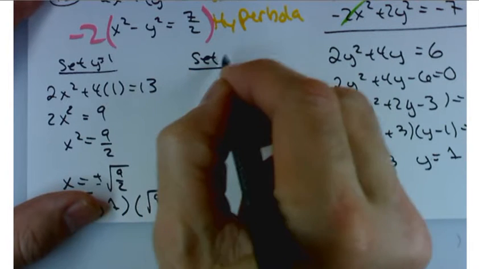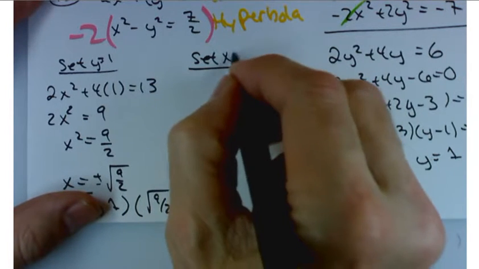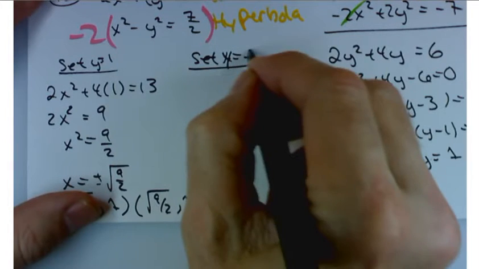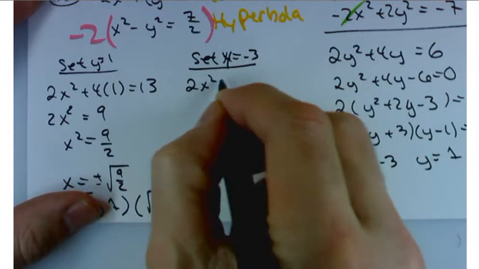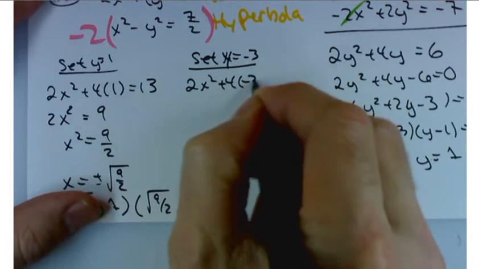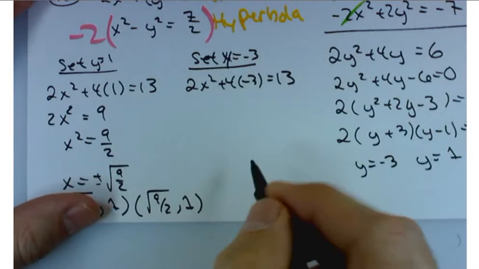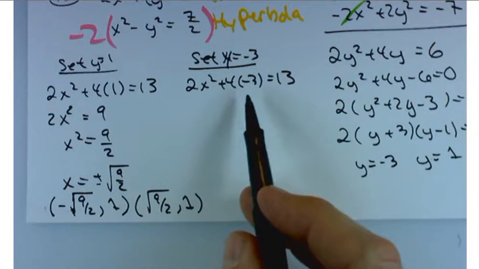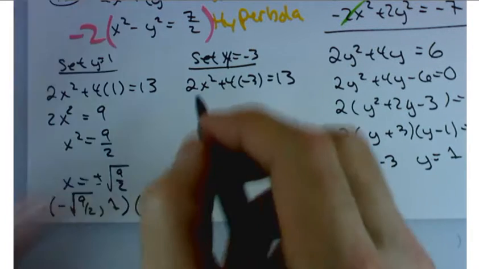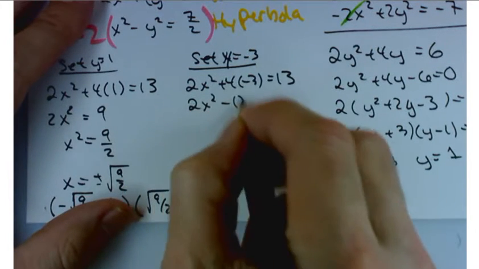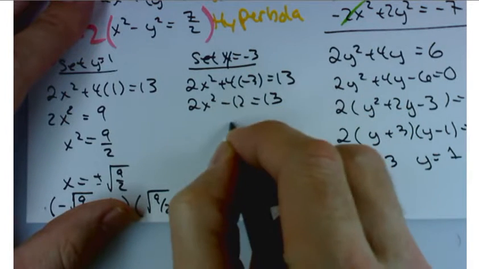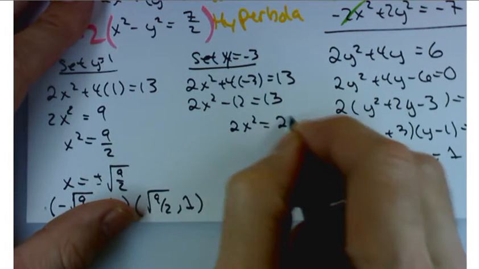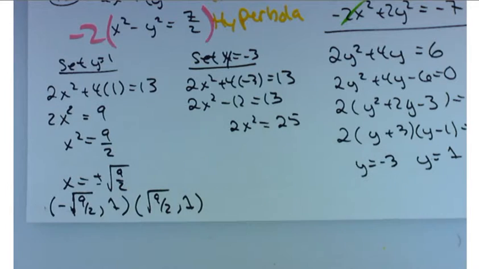So if I set y equal to negative 3, 2x squared plus 4 times negative 3 equals 13. 4 times negative 3 is negative 12. So that's going to be 2x squared equals 25. And boy, it'd be nice if it was just x squared equals 25 instead of 2x squared equals 25.